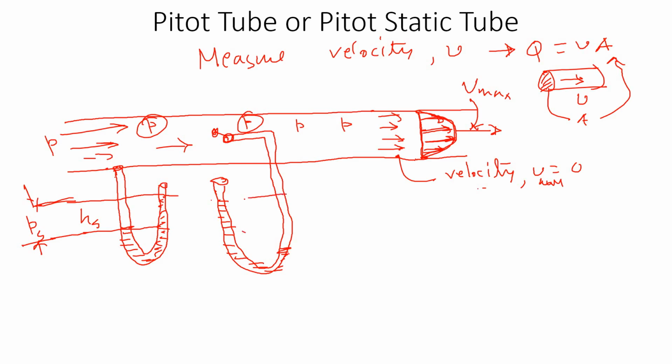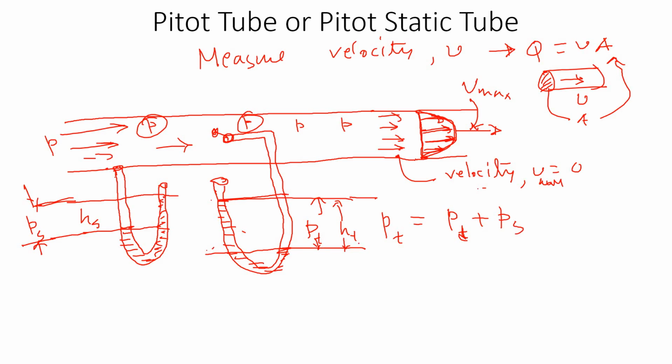Let's say this is the amount of displacement of the manometer. So this is the pressure that has both the dynamic pressure, the velocity head, and the static head. So we can say the total pressure difference, or the total height difference, HT. So total pressure at this point is the velocity pressure, the dynamic pressure, plus the static pressure.